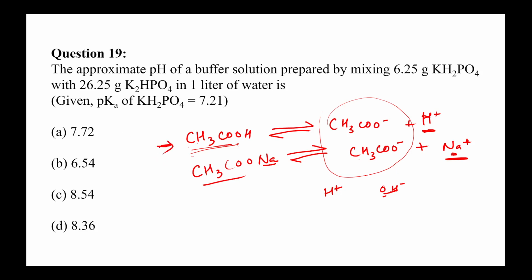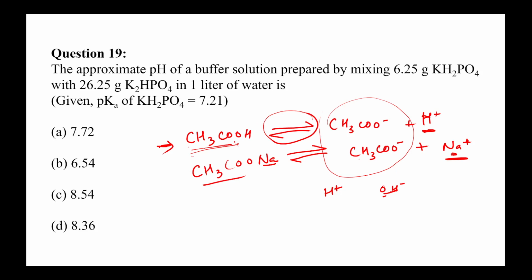Why are we using a weak acid? Because I've told you that weak acids and weak bases have a slow dissociation in the solution. The same thing will not happen if you take a strong acid or a strong base, because a strong acid will dissociate in the solution immediately and completely. The reason I make this double arrow or reversible arrow for weak acids and weak bases is because they dissociate slowly and reach an equilibrium.